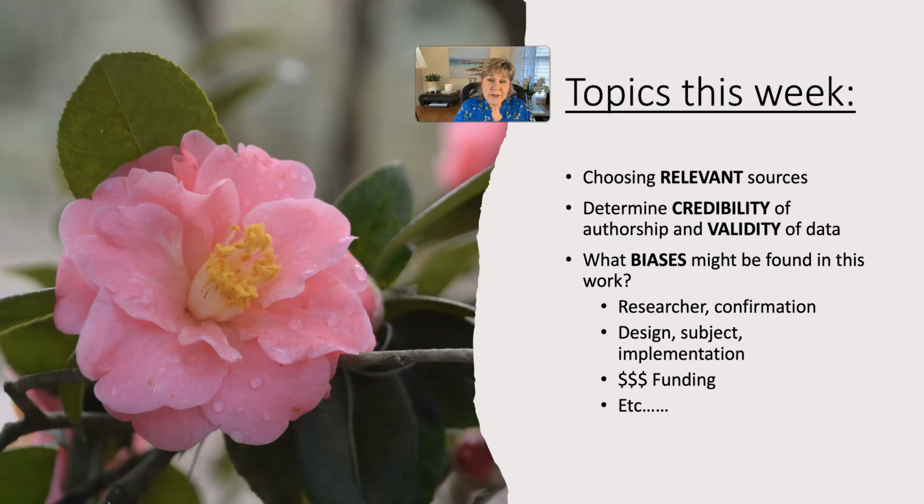The design of your experiments can reflect bias. The subjects that you choose can reflect bias. One example of this, for at least about 50 years, all coronary heart disease issues were studied through studying white males 40 years old and older, high socioeconomic levels, right?